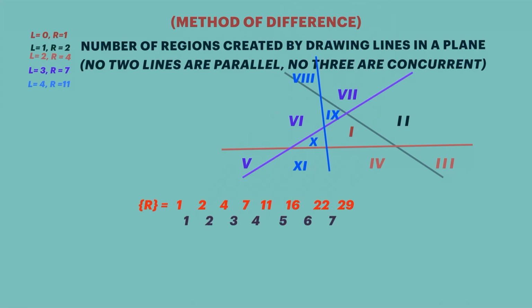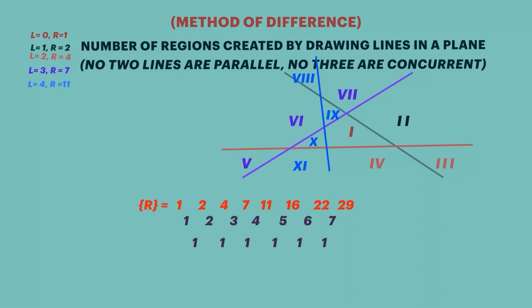The difference between 1 and 2 is 1, the difference between 2 and 4 is 2, the difference between 4 and 7 is 3, and so on. If we do the difference further, then we get 1, 1, 1, 1 and 1. So here we see the second difference is 1.